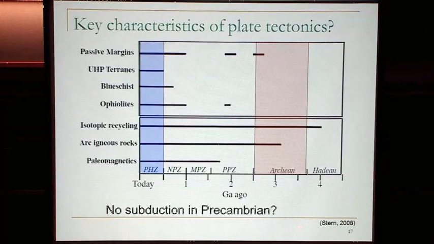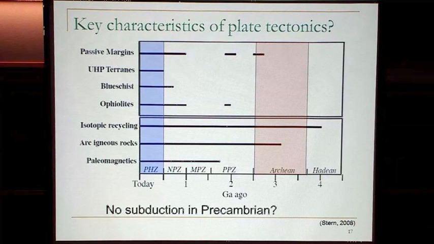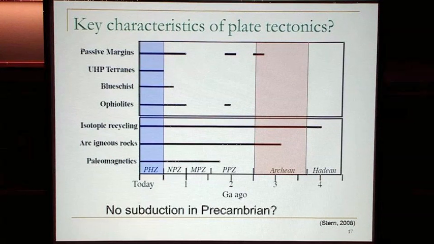This is a study by Bob Stern, one of several papers he wrote on the similar topic. He tried to compile evidence for plate tectonics, basically trying to find key characteristics of plate tectonics and see if we can trace those characteristics back in time. For example, passive margins, ultra-high pressure terrains, blueschists, ophiolites.